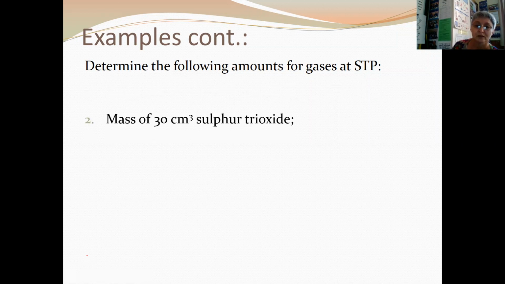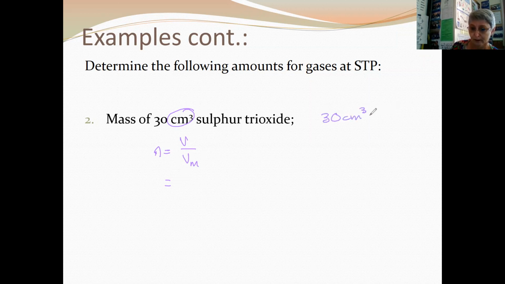The next one asks us to calculate the mass of 30 cubic centimeters of sulfur trioxide. Whatever they give us, we need to turn it into moles. So the moles would be volume divided by molar volume. Now, the problem here is the cubic centimeters. I've got 30 cubic centimeters. How many cubic decimeters are there in there? We need to divide by 1,000 to change cubic centimeters to cubic decimeters.